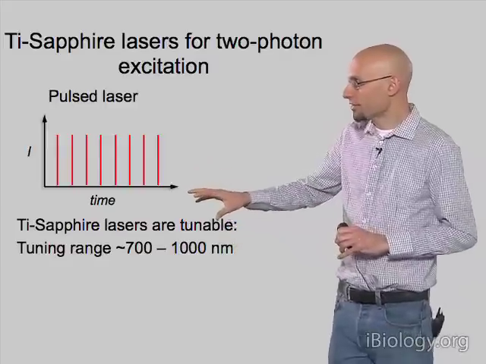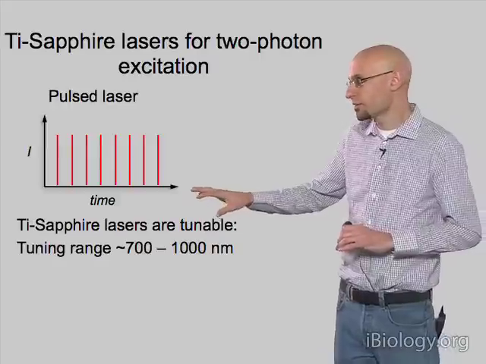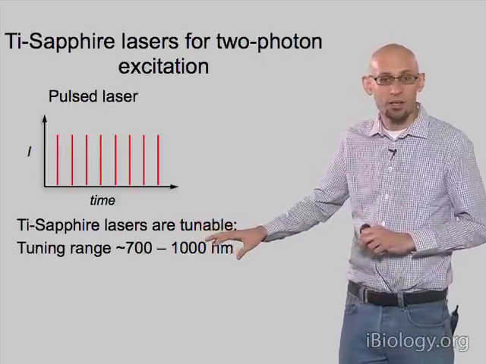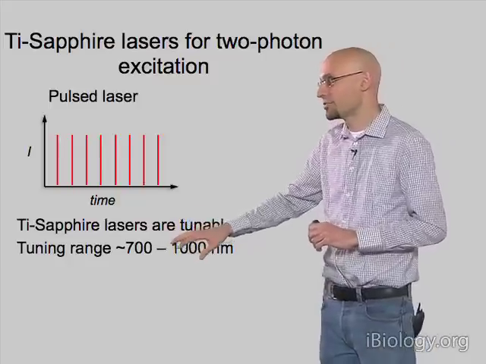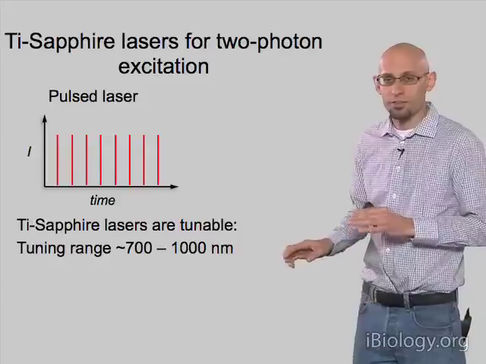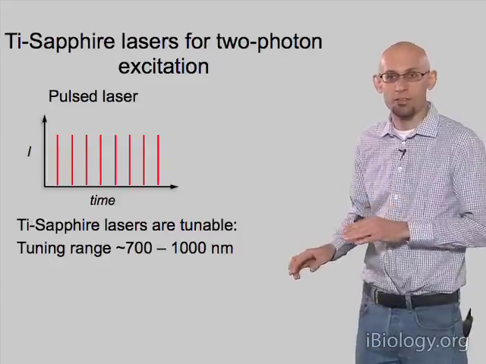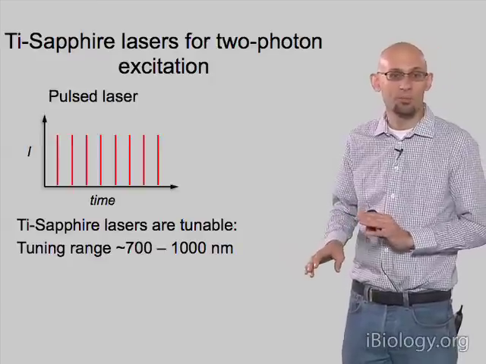One other nice thing about these lasers is they're tunable. By just adjusting the position of optics inside the laser, you can change the emission wavelength over a range of about 700 to 1,000 nanometers. And if you remember back to the slide I showed of the absorption of biological molecules, this is exactly the range you want to work in to minimize that absorption.